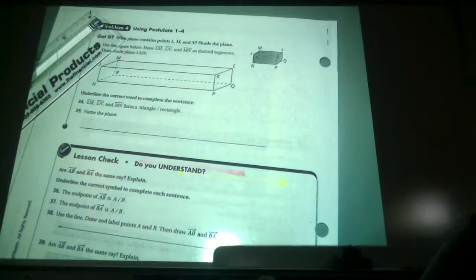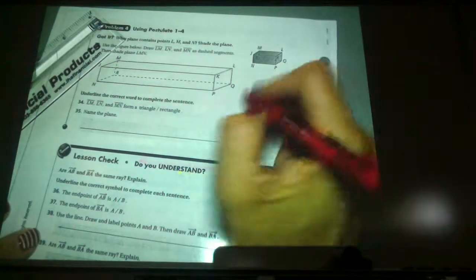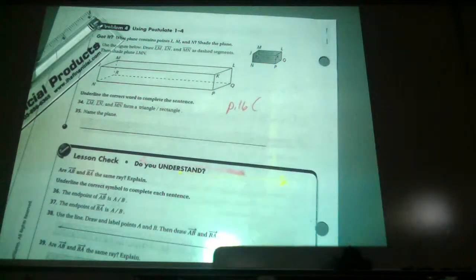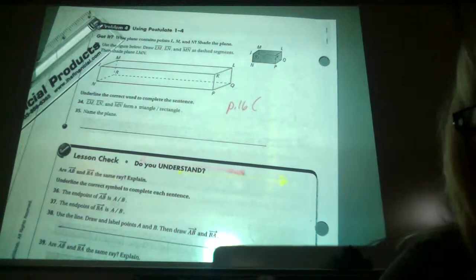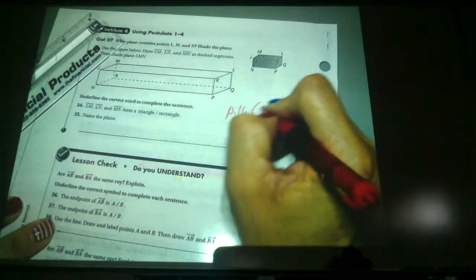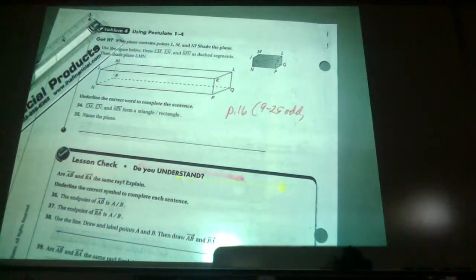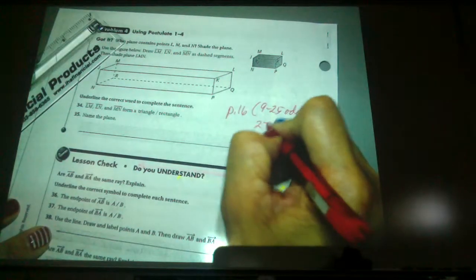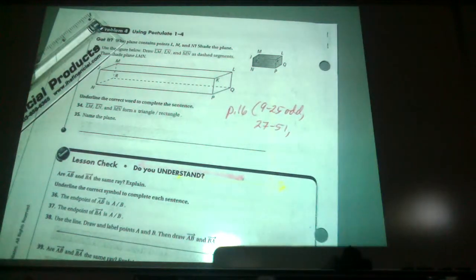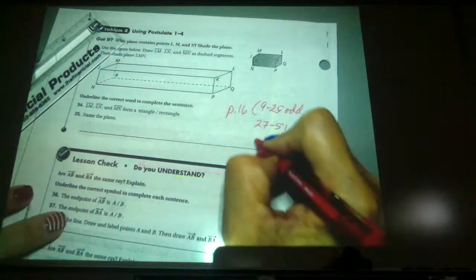So today's assignment is on page 16, and it's 9 through 25 odd, 27 through 51, and 53 through 57 odd.